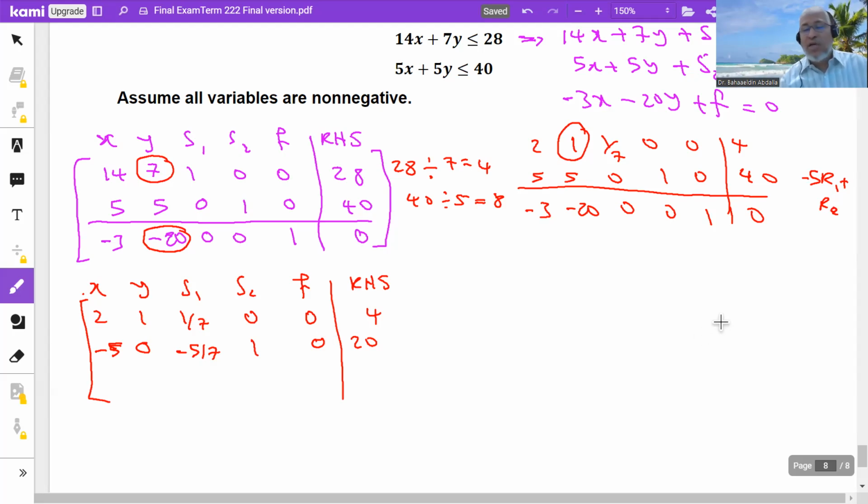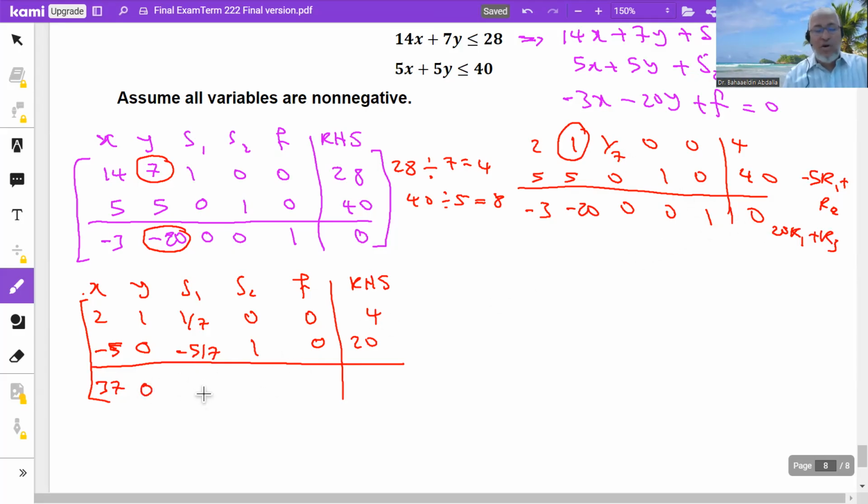The third row, how can I get it? I multiply the first row by 20, and then I add row 3, because this is negative 20. So 20 times 2 is 40, minus 3, that's 37. So there is no negative number here. And 20 minus 20, that's 0. That's good.